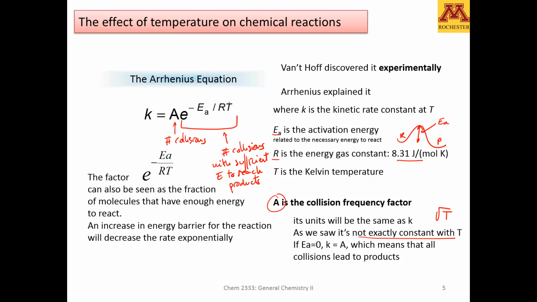And this one does really depend on temperature. Notice that it's in the denominator, but there is a negative in here. So as you increase the temperature, you will see an exponential dependence with the kinetic constant.